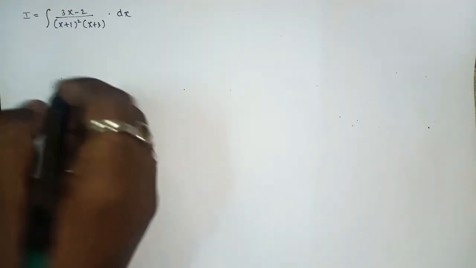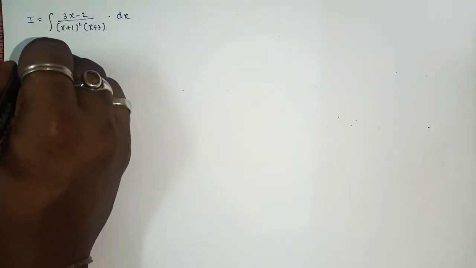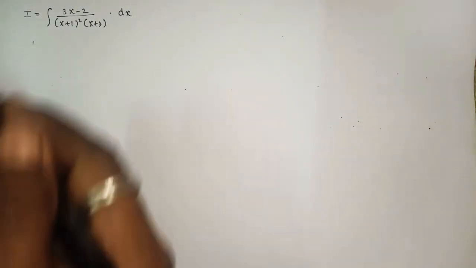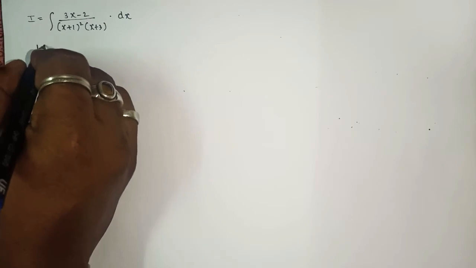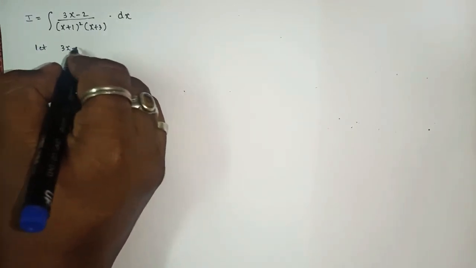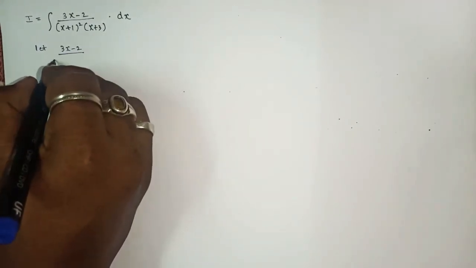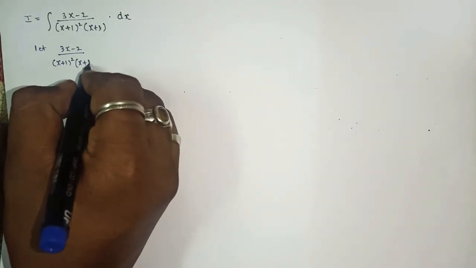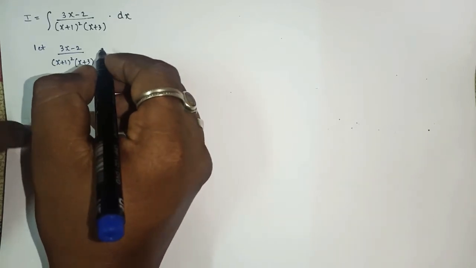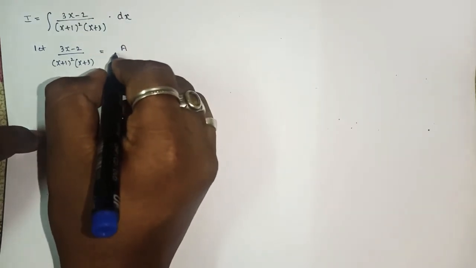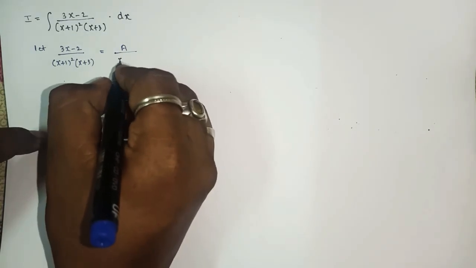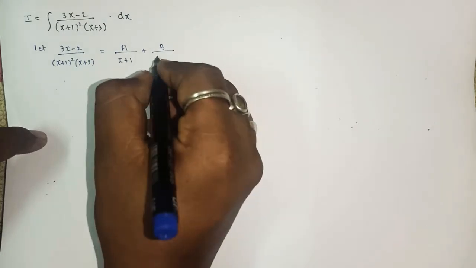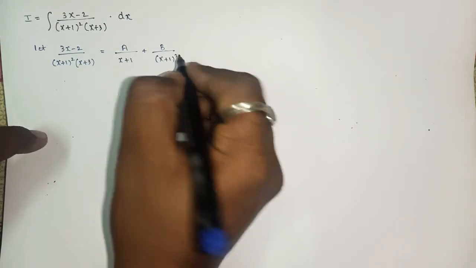So in the first step you will express this function as 3x minus 2 upon x plus 1 the whole square times x plus 3 equal to, as we know, a upon x plus 1 plus b upon x plus 1 the whole square.